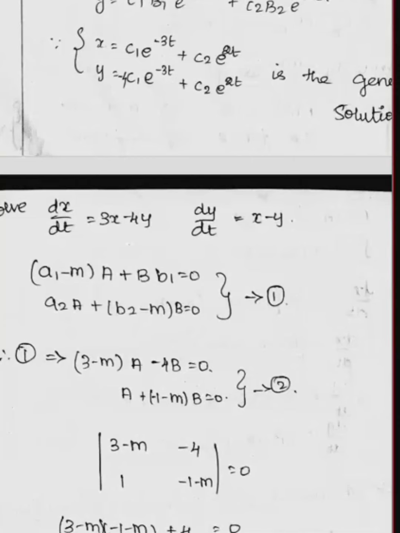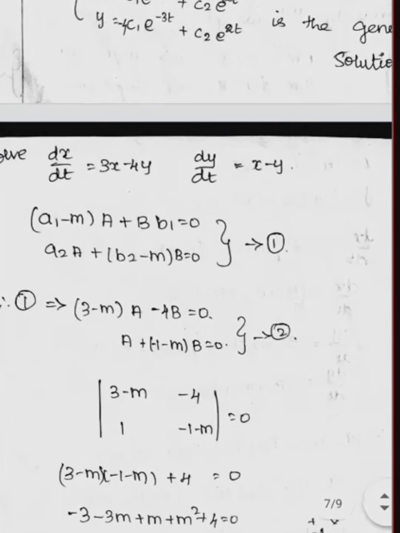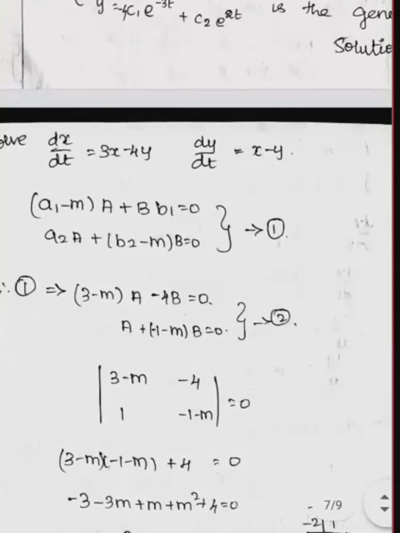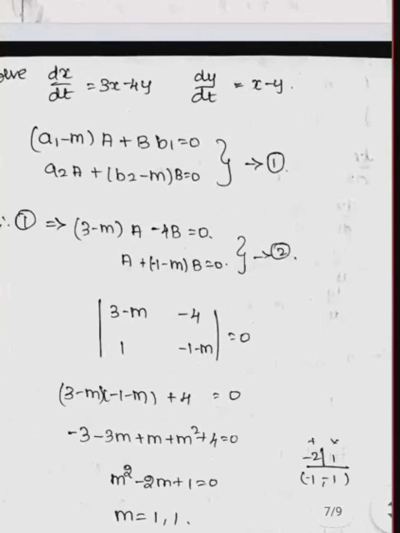Multiplying individually, 3 into minus 1 is minus 3, minus m into minus 1 is plus m, minus m into minus m is plus m square, and 3 into minus m is minus 3m, plus 4. So m square, minus 3m plus m is minus 2m, and 4 minus 3 is 1. So m square minus 2m plus 1 equal to 0.